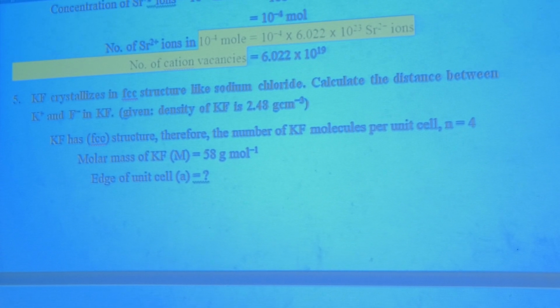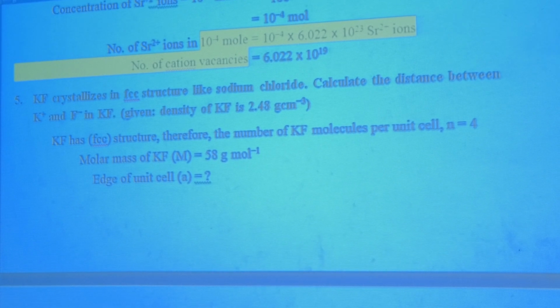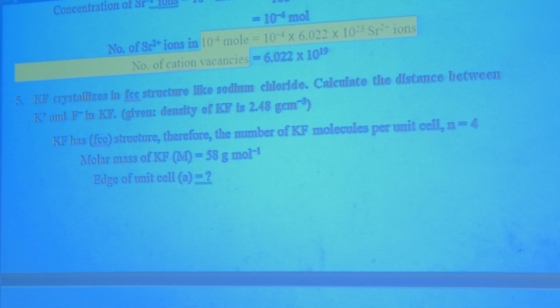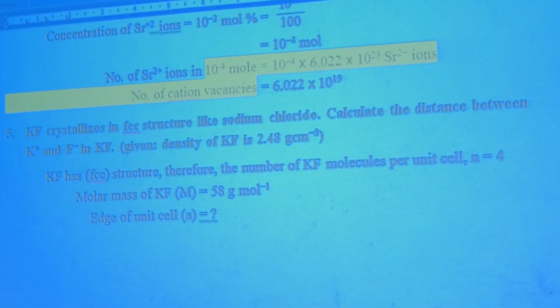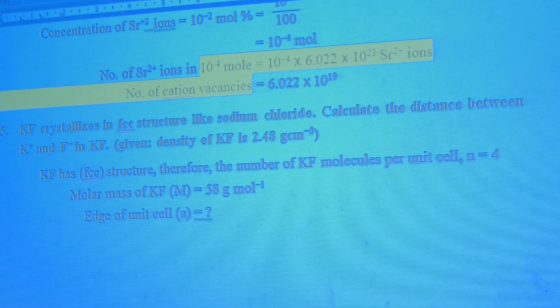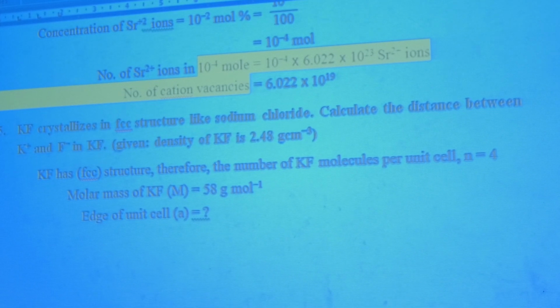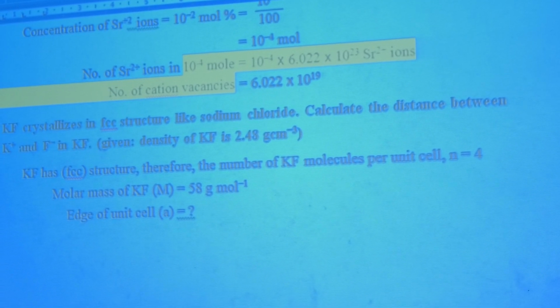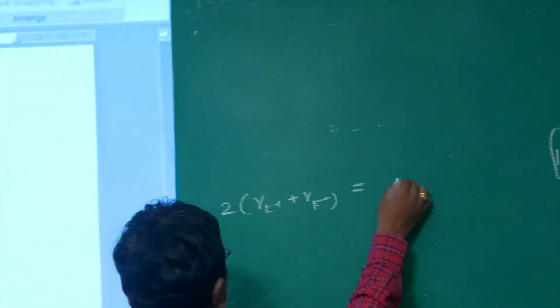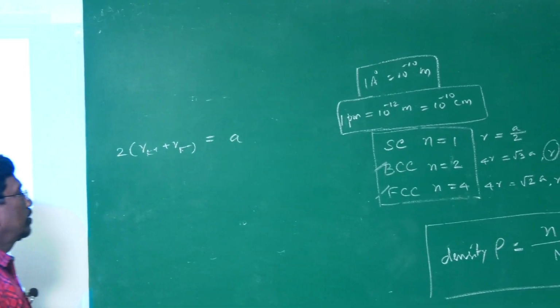Because sodium ion and chloride ion make a face-centered arrangement with each other, in the case of sodium chloride, the face-centered arrangement gives 2 R K plus plus R F minus equal to A. This is how it goes.